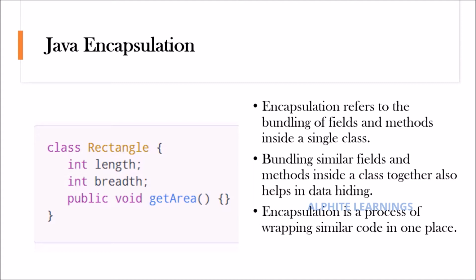For example, if you have a folder in your computer and you store similar things in the folder, that folder is a bundle, right? The same concept: you are writing a class. You can see in the left side, in the code, you write a class, add whatever variables and methods you need, and enclose it within these braces, and this is encapsulation.